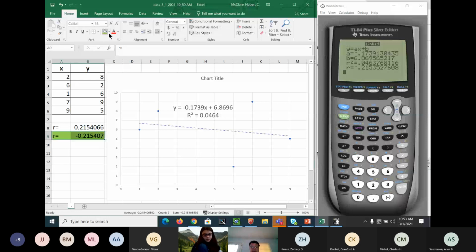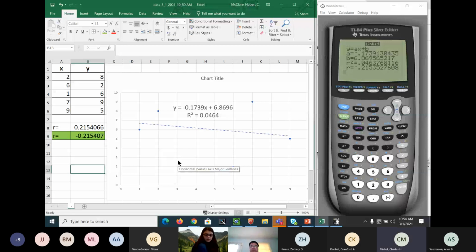Now, somebody tell me why did I do that? Because the slope is negative. There, good job. Thank you, Mr. Michelle. Remember the first thing I told y'all, there is a relationship between the correlation and the slope. And what is that relationship?